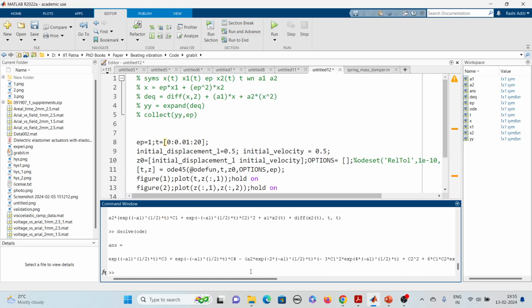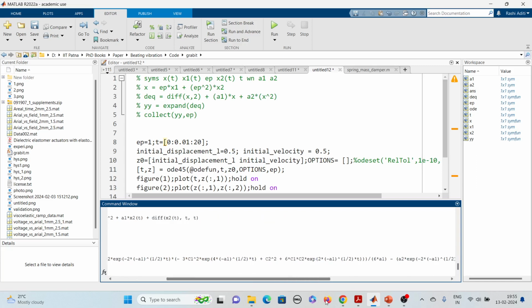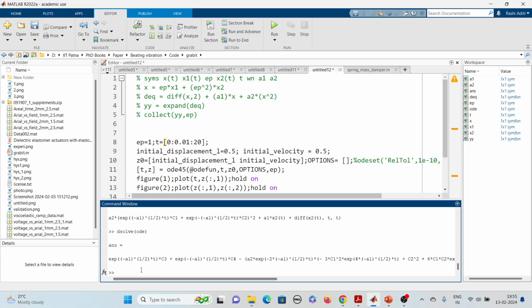Here, I got the solution. See, the solutions are a bit long because I have not defined the answer in terms of sine or cosine. It is dividing it in terms of e to the power. Now I have the expression of x2 as well. So now I can define x equals again EP into x1 plus EP square into x2.